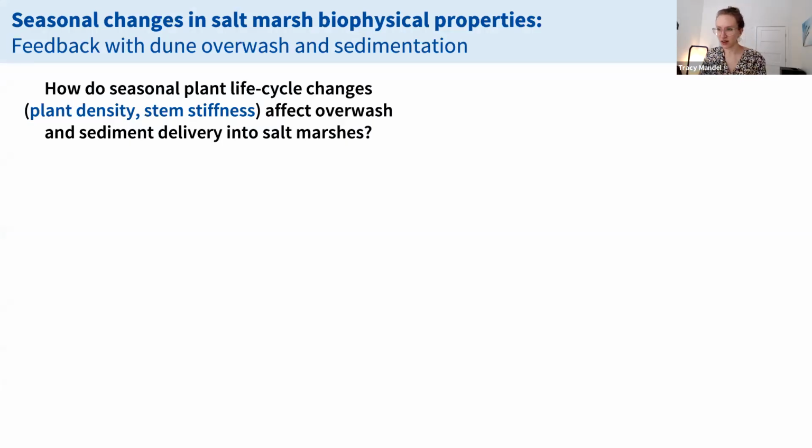This is a project that was just funded by Sea Grant's Development Funds, which I'm really excited to work on. The broad overarching question is, how do seasonal plant life cycle changes in things like the density of the plants, the stiffness, or how easily the plants break, affect overwash and sediment delivery into salt marshes?